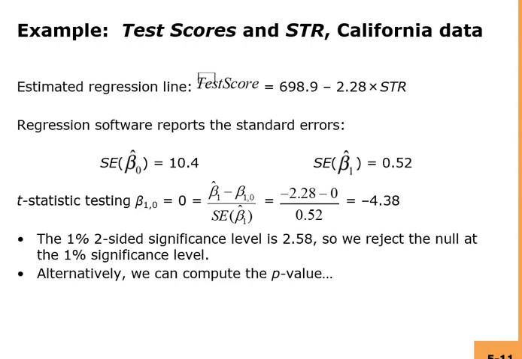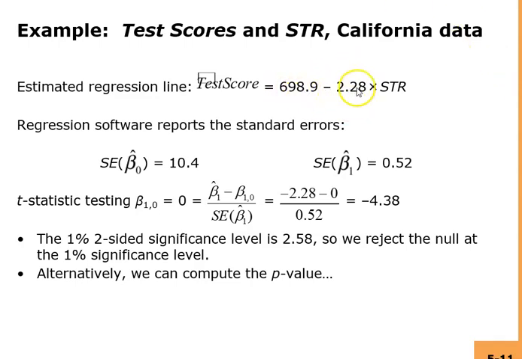If you look at the standard errors of beta naught hat and beta 1 hat, they can be calculated by the regression software that we are using. In my case, I was using STATA, for example, and these come out to be 10.4 in the case of beta naught hat and 0.52 in the case of beta 1 hat. So how do we do hypothesis testing given these standard errors and the coefficients that we have calculated?